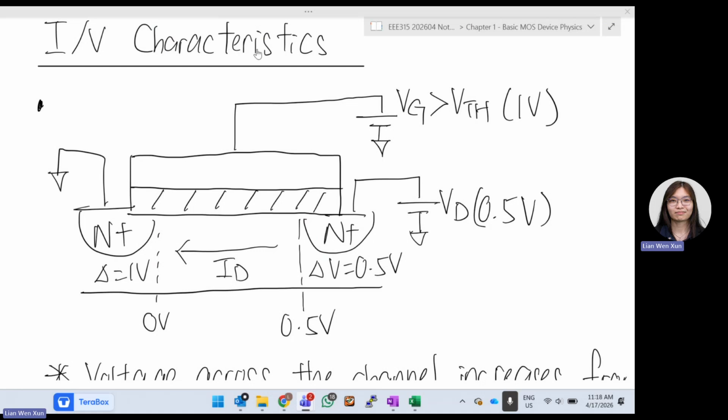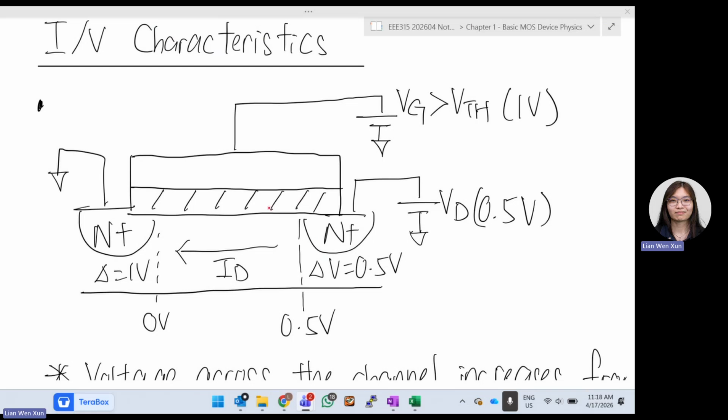We will say it will kind of pinch off. Exactly when your VD is equal to VG minus VTH, it's supposed to be like this. This part is left a little bit only. But if you increase more than that, this part will straight away go the other way, until here.